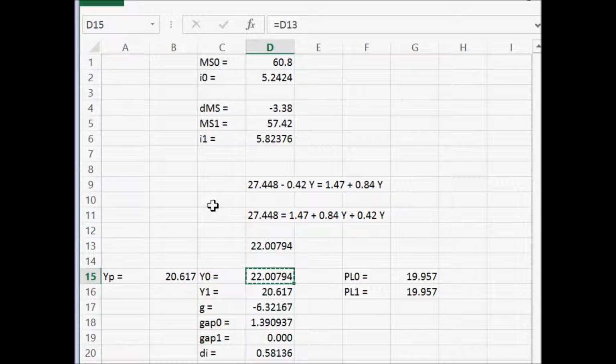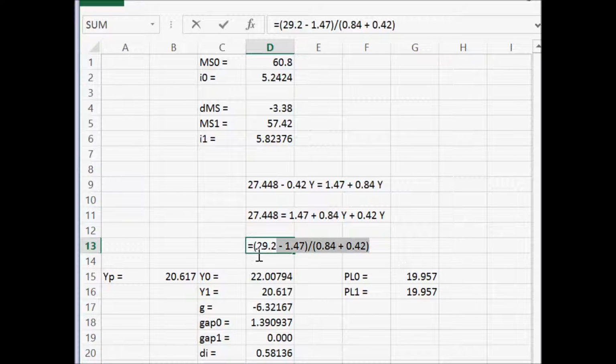I'm going to paste this value because I don't want this value to change when I change these. Okay, and here are the calculations where it's really important. So I've changed the intercept of aggregate demand from what it was originally, 29.2, to 27.448. And I get a GDP level that looks pretty close to potential.